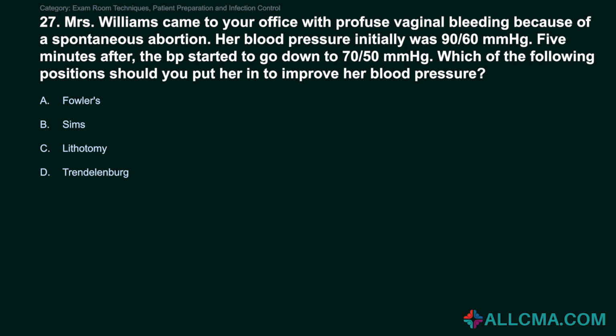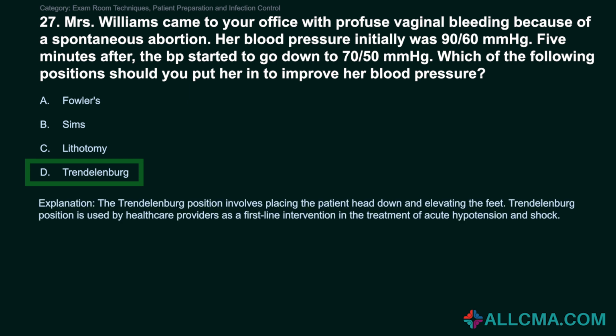B. Sims. C. Lithotomy. D. Trendelenburg. Correct answer, D. Trendelenburg. The Trendelenburg position involves placing the patient head down and elevating the feet. Trendelenburg position is used by healthcare providers as a first-line intervention in the treatment of acute hypotension and shock.